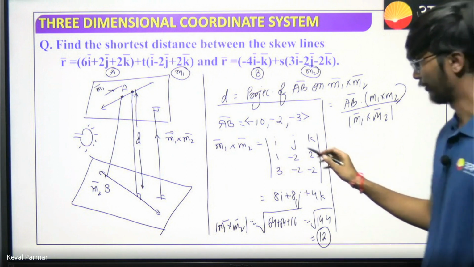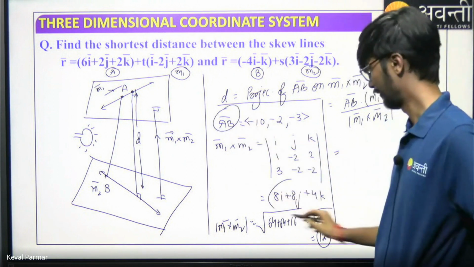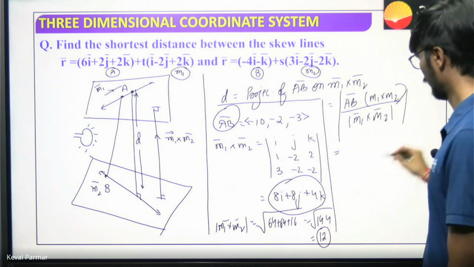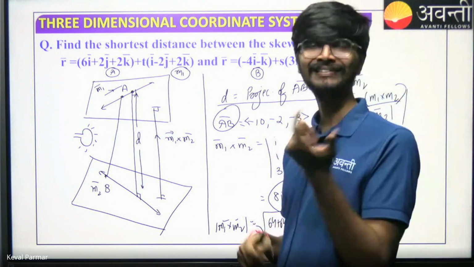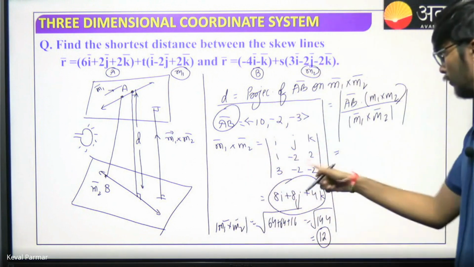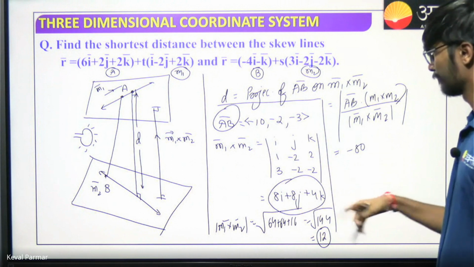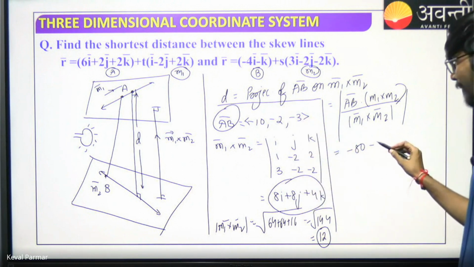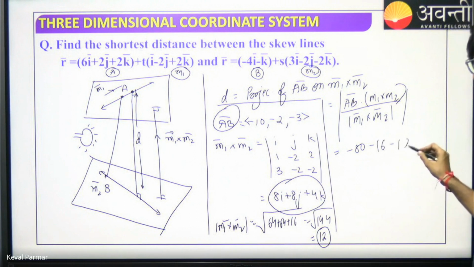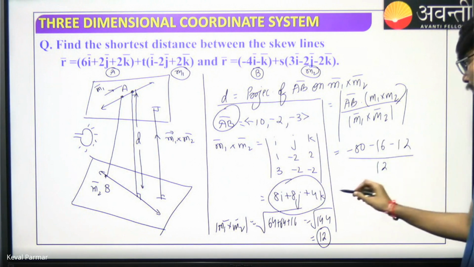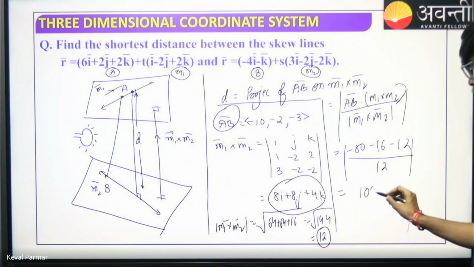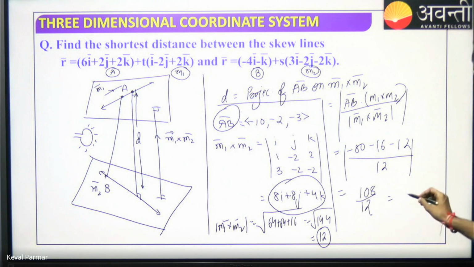And we have to take the dot product of AB and this. Obviously we use the modulus. Why modulus, guys? Because it is distance and distance is positive. So minus 80, minus 16, minus 12, upon 12. So modulus, the minus will disappear, right? So 108 upon 12, which is 9.